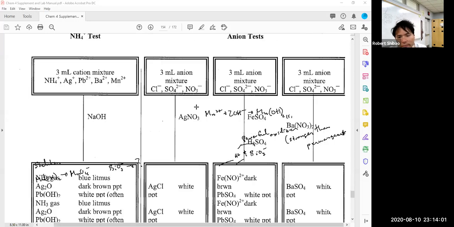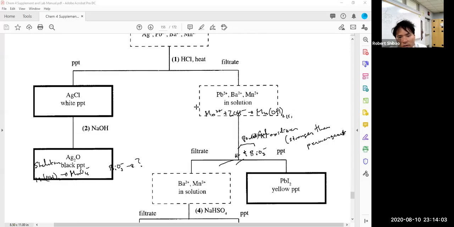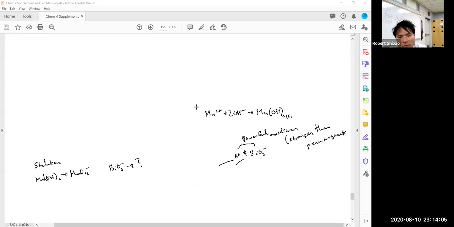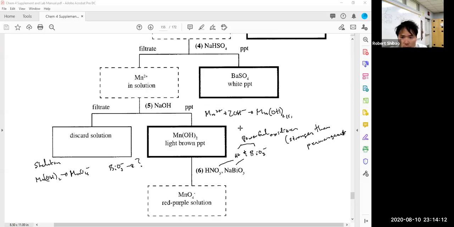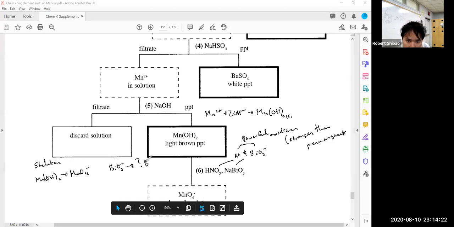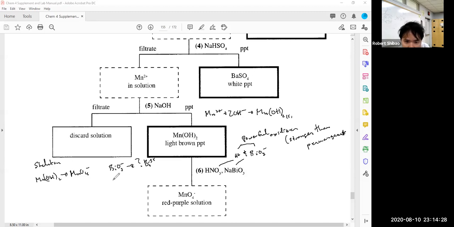And so even though it's a solid, eventually it will dissolve once it hits the water. So the bismutate goes to bismuth 3+. And so that came from analysis of this. And then we could just balance these 2 half reactions.